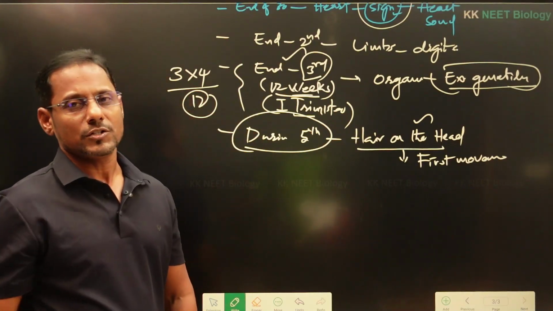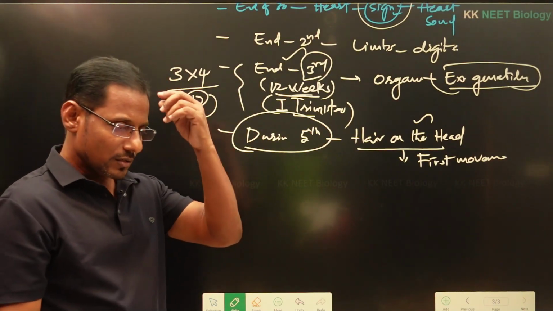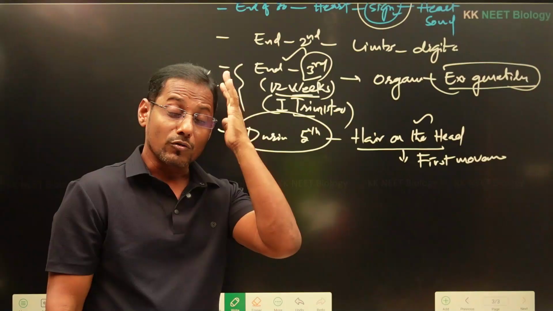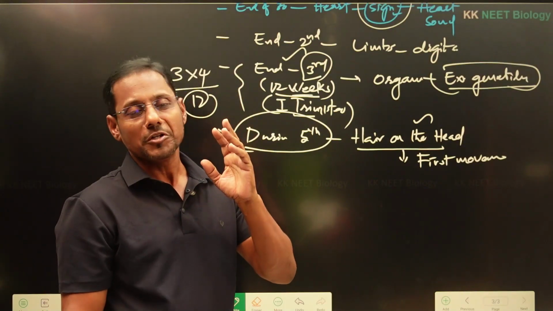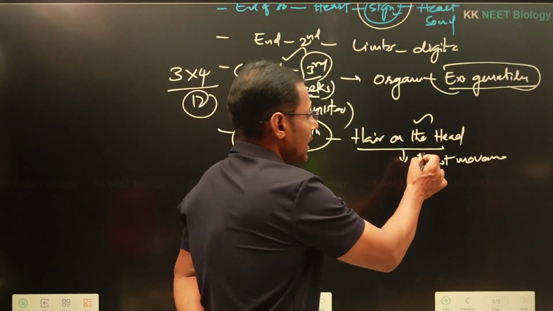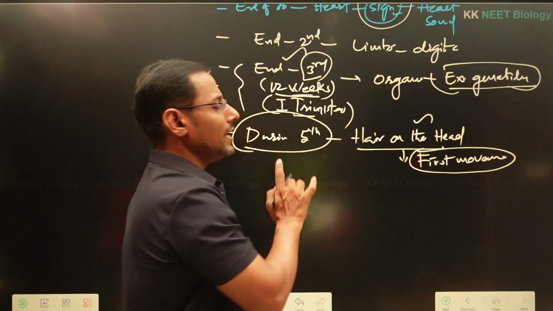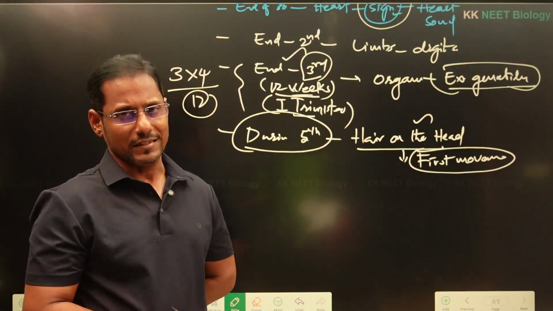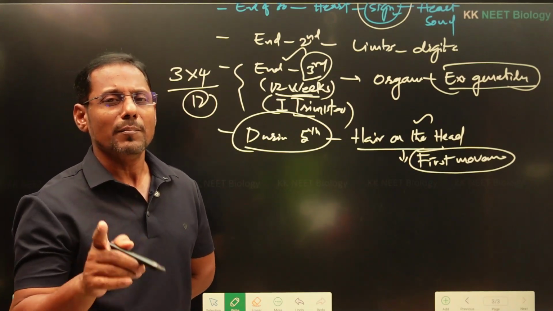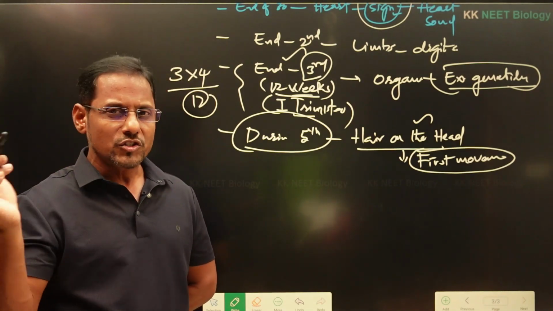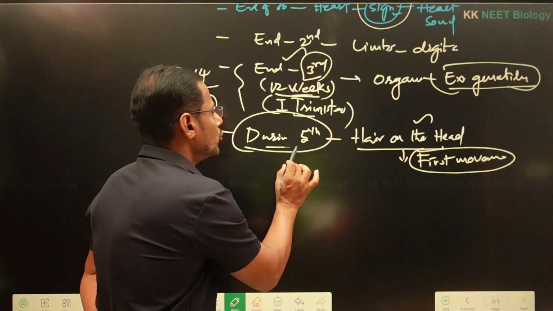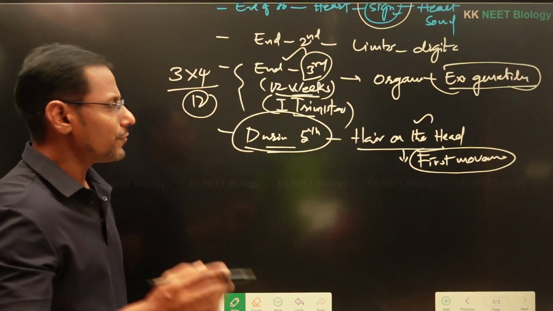A question may be asked like this: the first movement of the embryo takes place at what stage of gestation? That is during the 5th month.